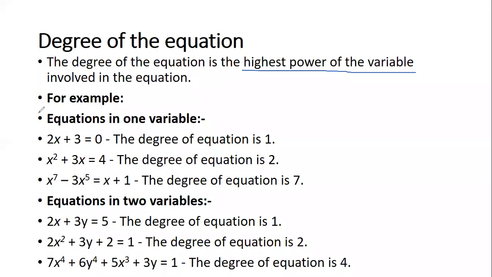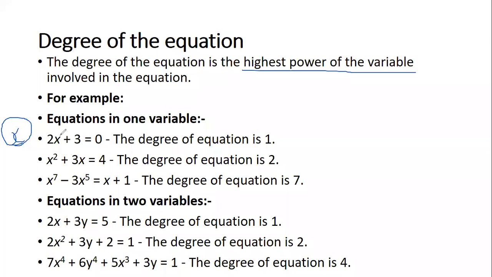Now, we will see a few examples for you to understand it better. Equations in one variable. Here, if you see all of these expressions, there is only x available, which is one variable. So if you have only one variable, then we go with these equations. Now, 2x plus 3 is equal to 0.